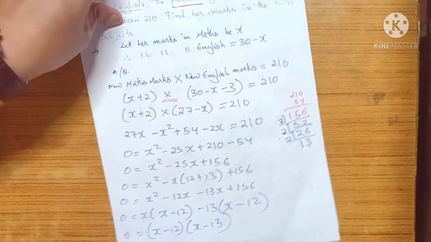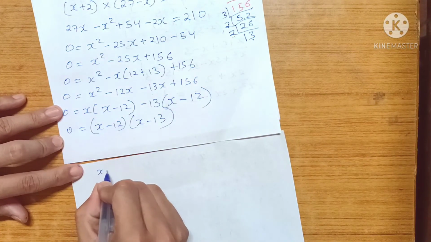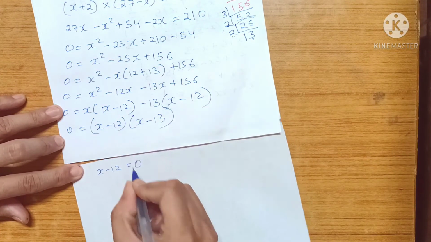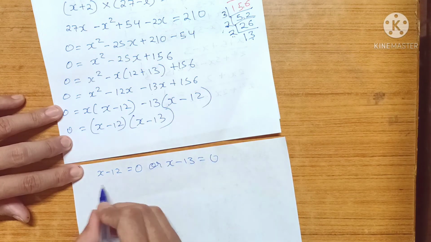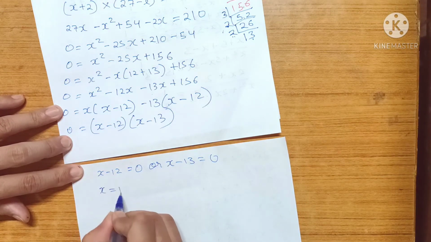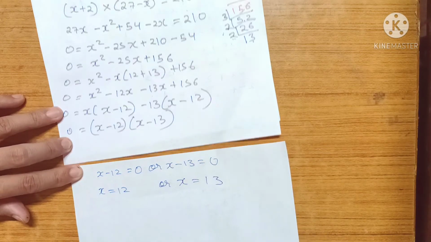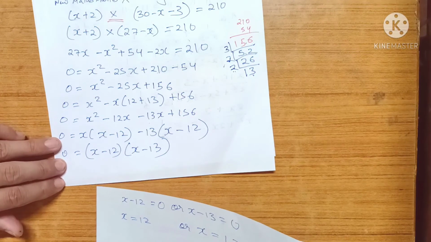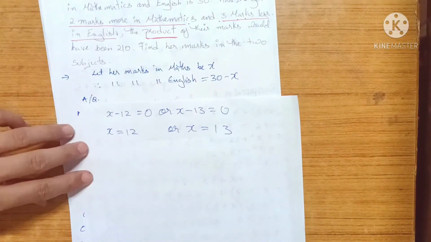So we can now say that x minus 12 equal to 0, or x minus 13 equal to 0. x equal to 12 or x equal to 13. Somehow we're getting both the values as positive, right?